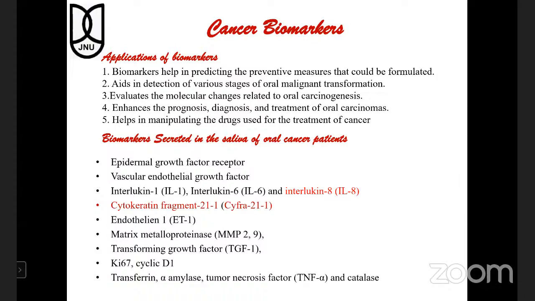The main advantage of the electrochemical biosensor is that it can detect very low concentrations, which can be used for early diagnosis of cancer biomarkers. So we thought to work in this direction.